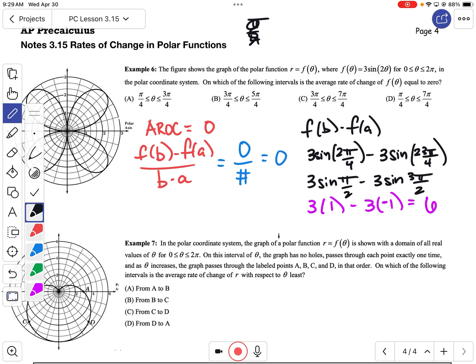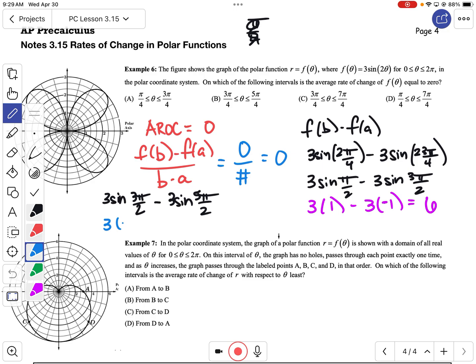If I try the second one, that's going to be 3 sine, if I plug 3 pi over 4 in there times 2, that would just be 3 pi over 2, minus 3 sine. If I plug 5 pi over 4 in there, that's going to give me 5 pi over 2. Again, we just got to think about where we're located.